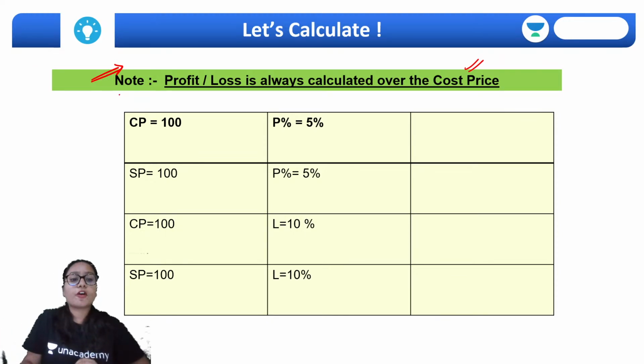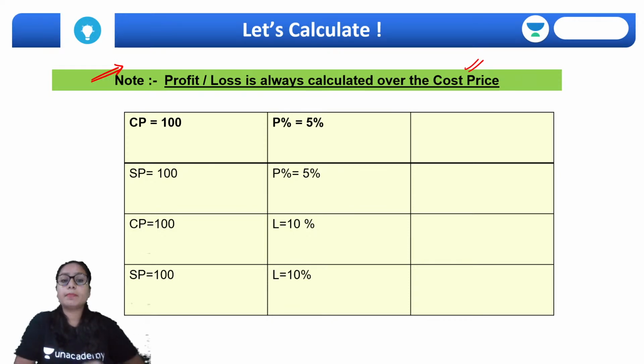But you don't need to use those formulas here in CAT or for any other management entrance, because there is a timer running and we need to solve the questions quickly. So we are going to solve this by all the concepts that we learned in the percentages class. No new concept we are going to learn here.